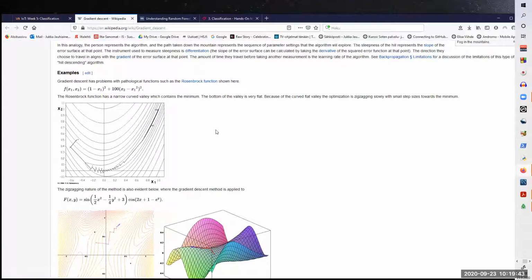When you calculate the gradient at different points, it goes to here, where the local minimum of this particular curve is.